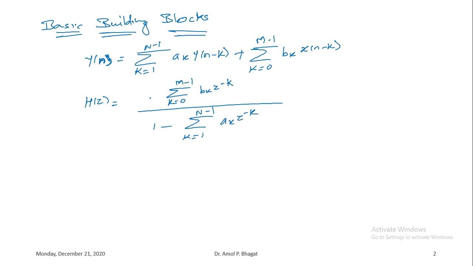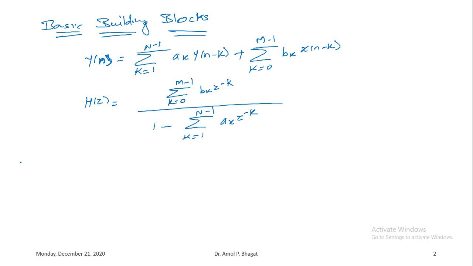Right. If you observe this system function, it also involves the addition operation or the delay or the multiplication by some constant coefficients. Therefore, for the realization of the given discrete time system, we require only three basic building blocks.